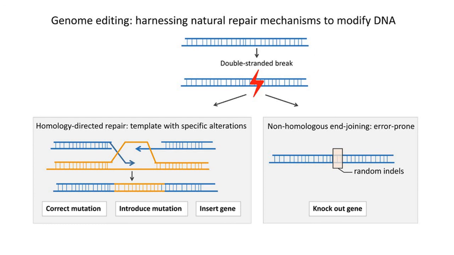Say, for example, in plants, we insert genes that make them resistant to insects, resistant to salinity or high temperature. So these are all beneficial mutations that we can make. Another way of genome editing is non-homologous end joining, which just causes random indels and knocks out a gene.